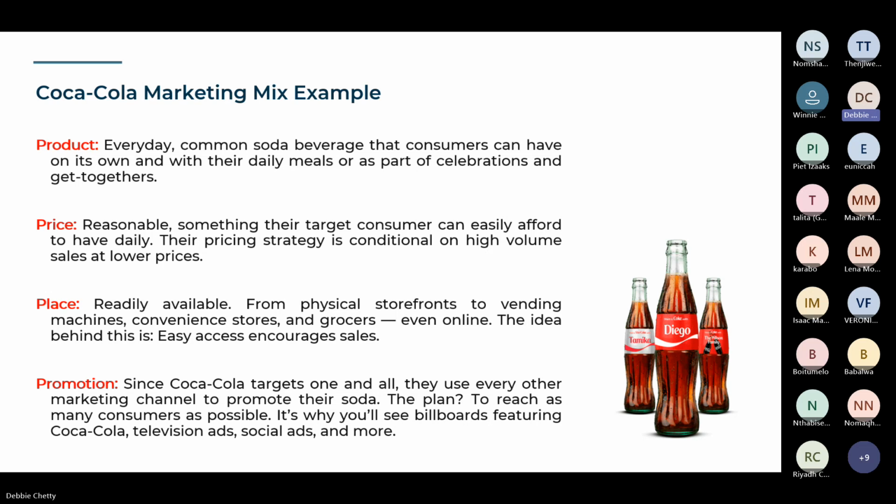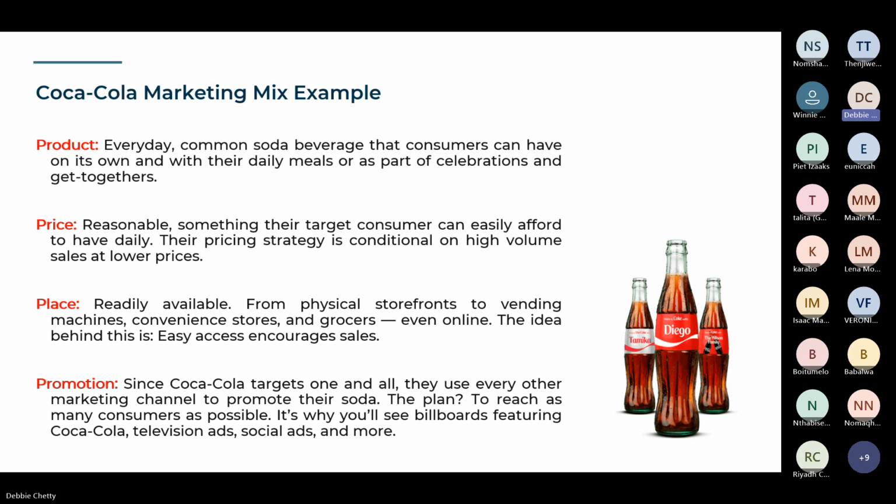In terms of their promotion, since Coca-Cola targets one and all, meaning everybody, they use every marketing channel to promote their soda. The plan is to reach as many consumers as possible. That is why you'll see billboards, television adverts, and social media posts or videos online everywhere.